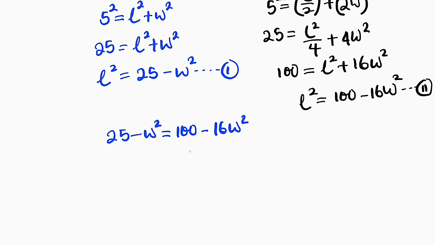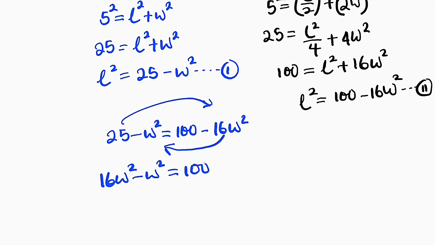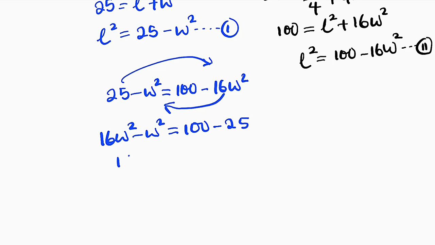Let us collect the like terms. Bring this one backward and take this one to the other side. So we have positive 16w squared minus w squared. This is equal to 100 minus 25. This is 15w squared equals 75.